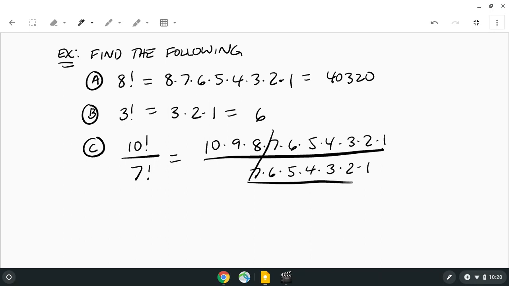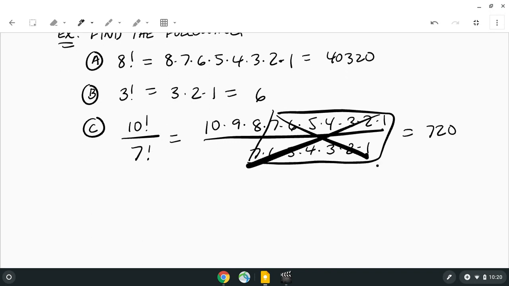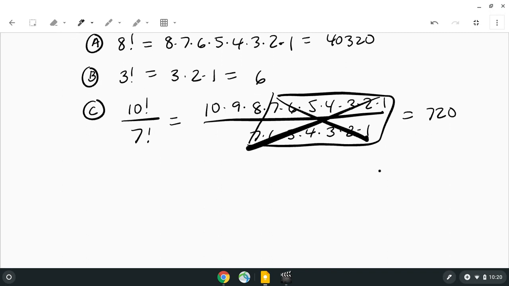This whole thing right here all cancels out. So we get 720 because 9 times 8, 72 times 10, 720. Okay, so a lot of these division of factorials are not as complicated as they look because you end up canceling a lot of the numbers.